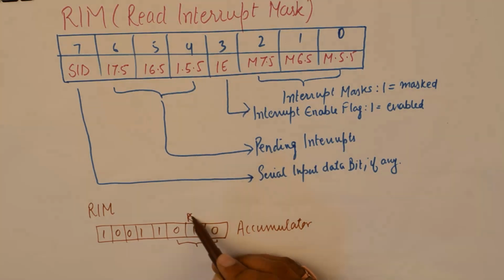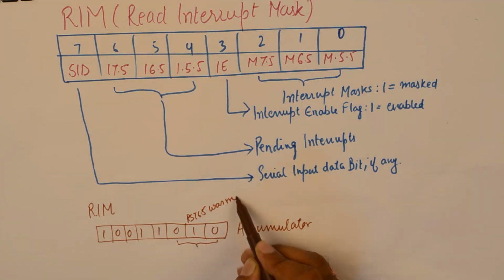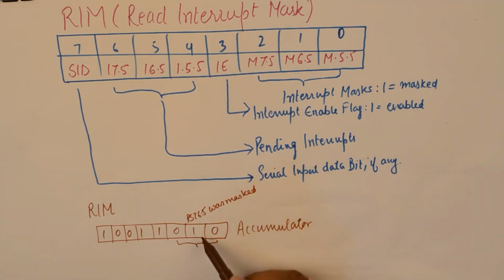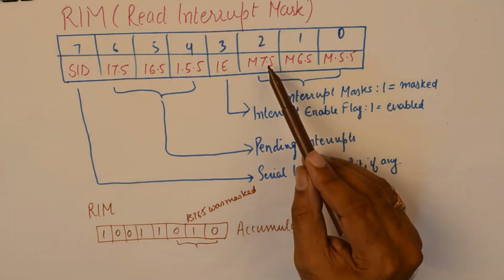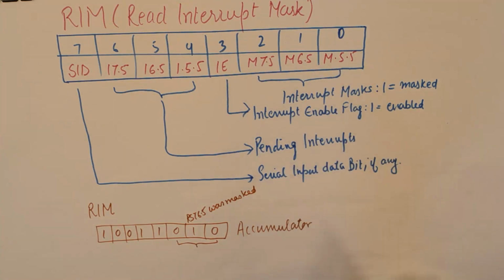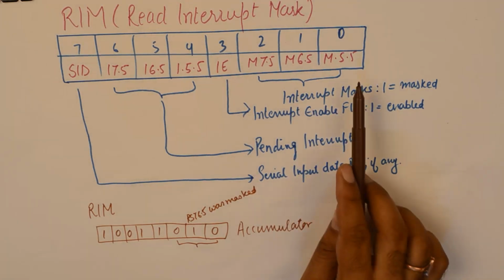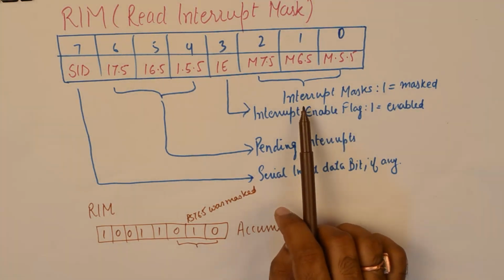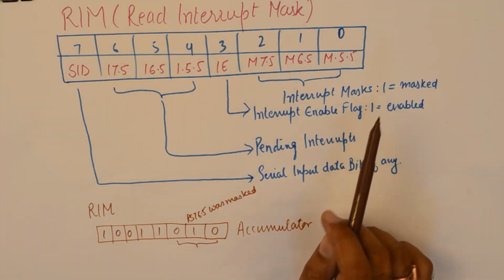So we can say that RST 6.5 was masked just by looking at this 1 in the second position. So as mentioned in this illustration, these 3 bits tell you the status whether an interrupt is masked or not.